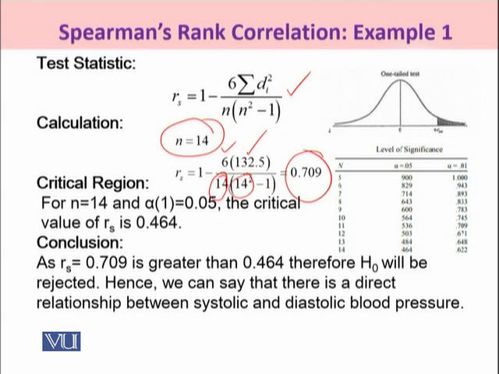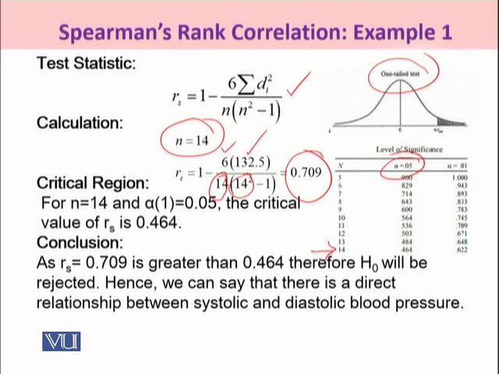As you remember, under the alternative hypothesis we have taken that there is a direct relationship between the two variables. So students, it was a one-tail test. So from the Spearman's rank correlation table, you would be considering the one-tail test, with level of significance alpha 0.05 and n as 14.